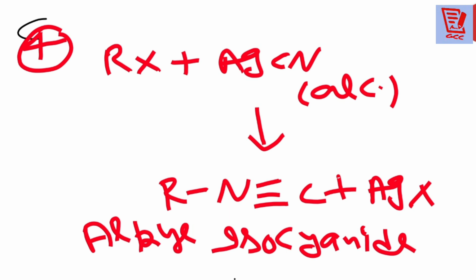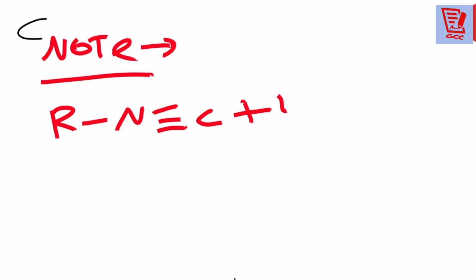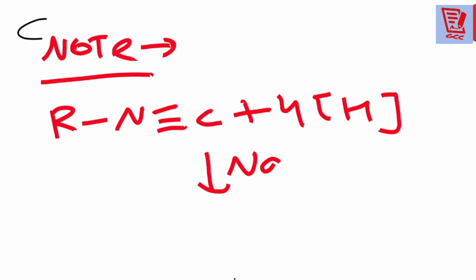Now the question is: yes sir, with AgCN you are making isocyanide, but with KCN you are making nitrile. Why? That answer also we are going to give. But for this fourth reaction we have one reaction in the notes: reduction. The R-N triple bond C can be reduced only in the presence of sodium and alcohol.